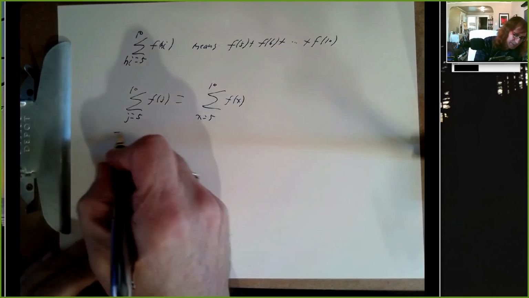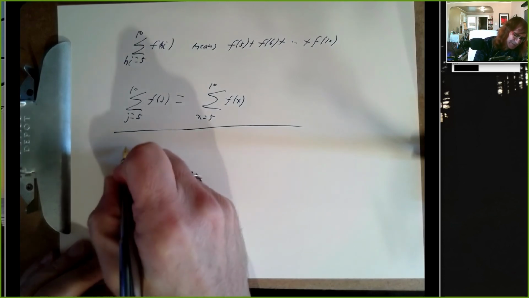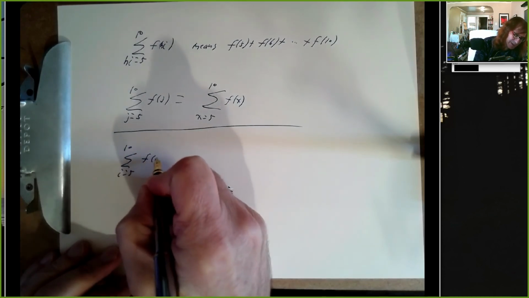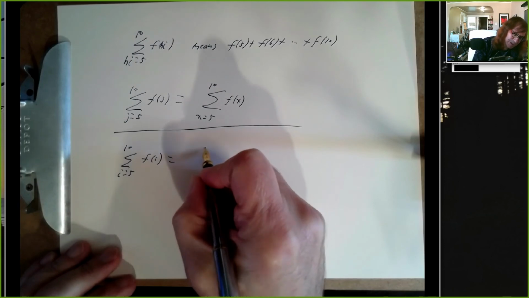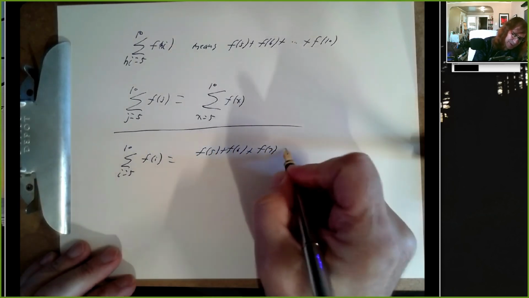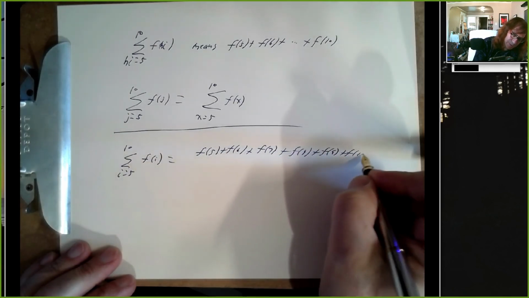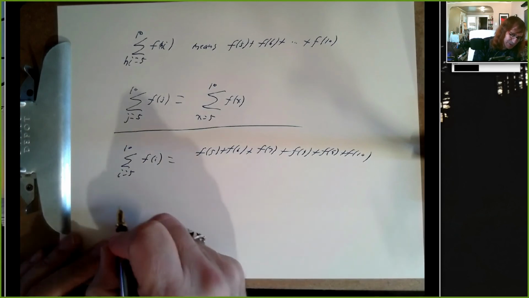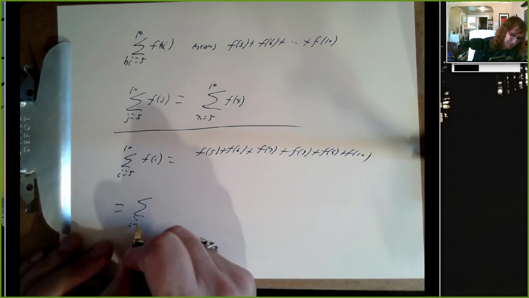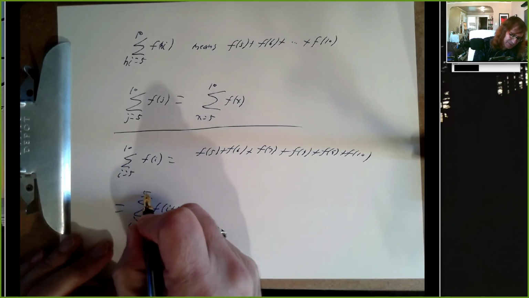All right. Other things we can do with summations. Sum from i equals 5 to 10 of f of i. Well, remember that's f of 5 plus f of 6. I'll write this out. Well, this is also the sum from i equals 0 to 5 of f of i plus 5.